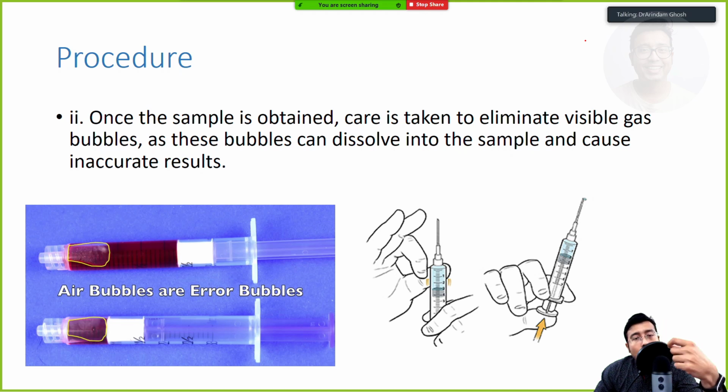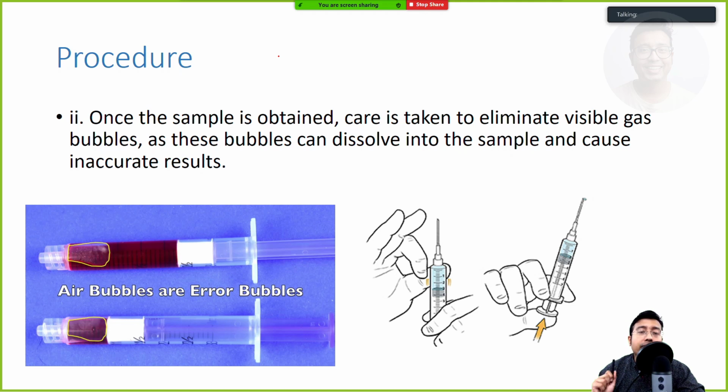Number one, not to draw any air bubble, that will be the best thing, and even if there are air bubbles, you should eliminate them as fast as you can. So no air bubble. We say air bubbles are error bubbles. Why? We are measuring arterial blood gas, meaning whatever oxygen and carbon dioxide is present in our physiology in the dissolved state in blood, we are trying to get accurate information about those things.